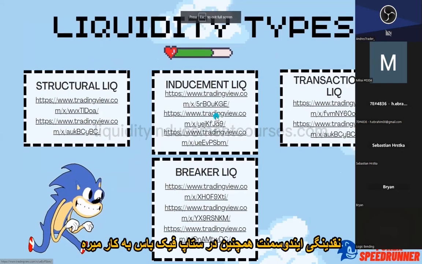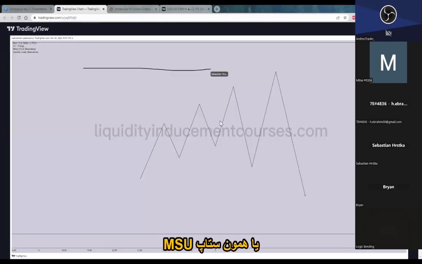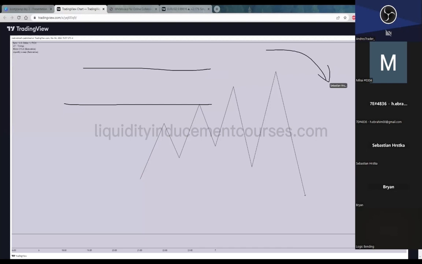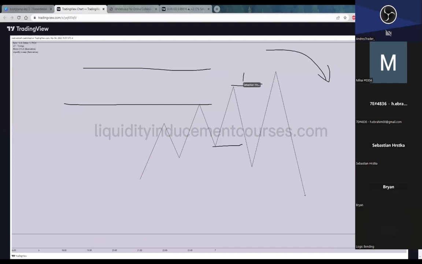Inducement liquidity also applies for the FBOS setup or the MSU setup. Let's say the narrative is bearish. FBOS, this becomes ILQ as well. Then after breaking, this becomes true BOS. There's nothing here, really.